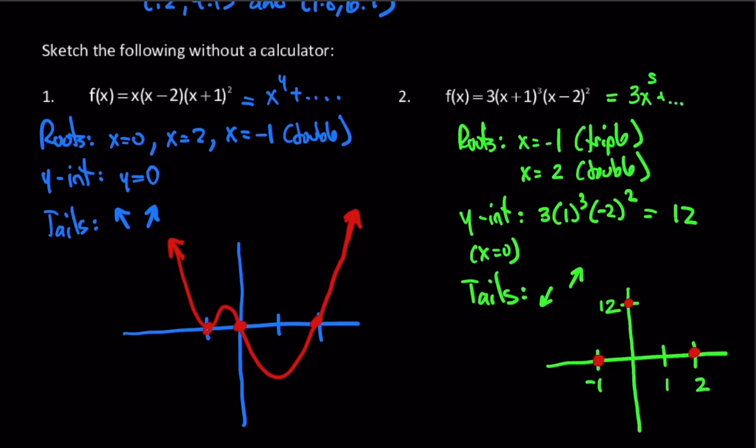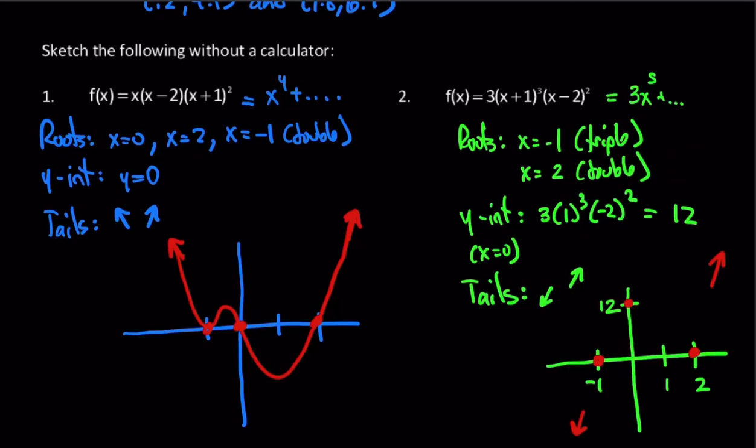Now look at your tails. This goes like that, and that goes like that. So the double root is going to bounce. The triple root is a pass-through, but it flattens. Kind of looks like this. Actually changes concavity. The double root is going to bounce. So it's either going to look like that or like that.